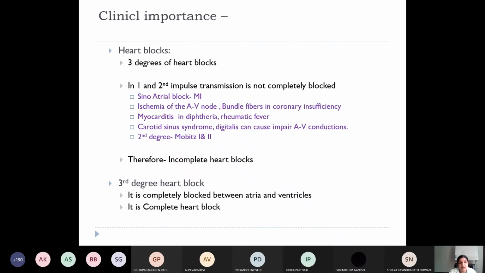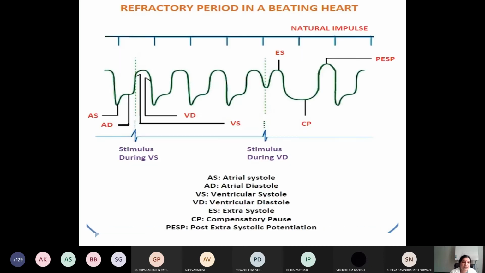Then carotid sinus syndrome, or digitalis, will impair AV conduction, or cause first and second degree Mobitz heart blocks. So this Stannius ligature effect and interpretation of autorhythmicity helps you understand the property of autorhythmicity as well as the various heart blocks that appear in the heart.